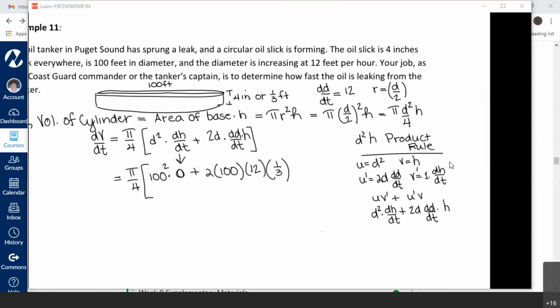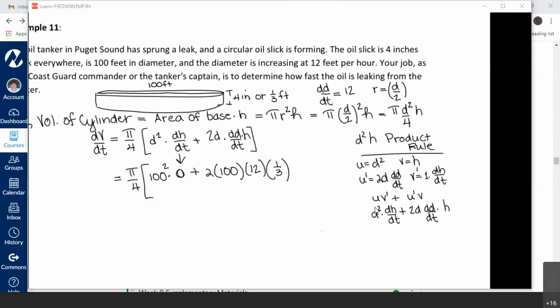Why don't we multiply h in the product rule? I'm not quite sure I understand. It's down here. If this is d squared, differentiating it gives me 2d dd dt. The h gives me 1 times the h dt, and then I'm following the pattern here.